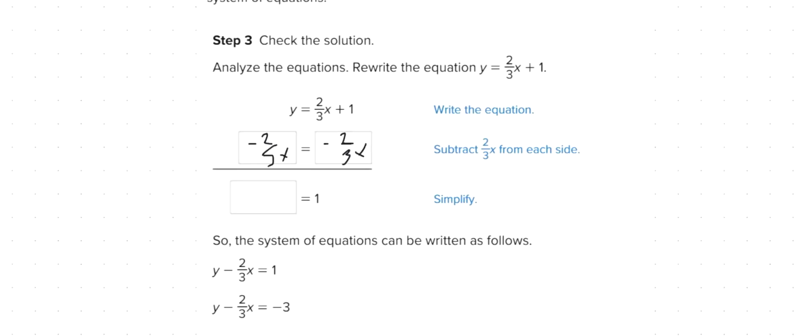This one is eliminated. So 1 is equal to y minus 2/3 x.